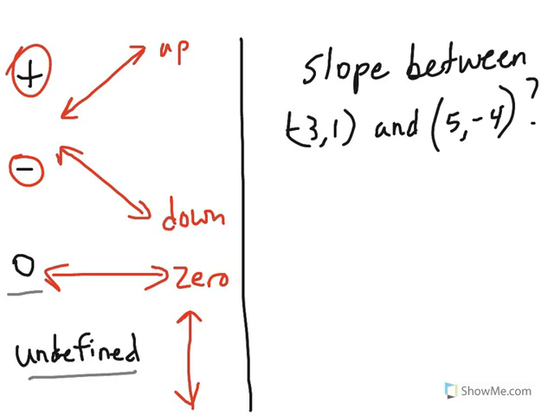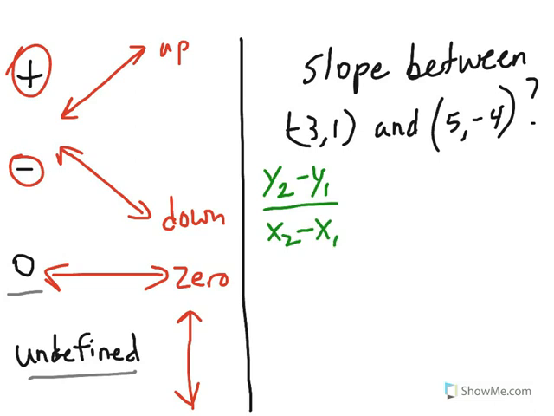Now, when we're asked to calculate slope, there's a formula for it, and you can do this conceptually, just in your head, or you can do it by setting up the numbers. When there's a lot of numbers, especially with negative signs, I recommend setting it up and following the process rather than just trying to do it in my head. That formula is y2 minus y1 divided by x2 minus x1.